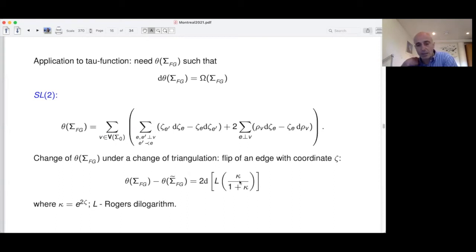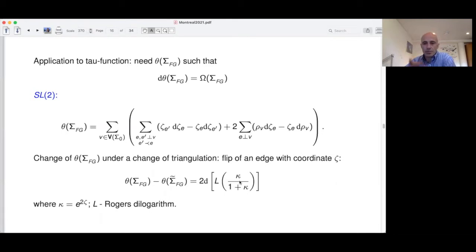And then if you want to say in PSL2R, you can do things pretty explicitly when you are dealing with the Weil-Petersson bracket and its extension to the punctured Riemann surface. You have the 5-term relation for the logarithm, which guarantees the cocycle condition with respect to the pentagon move.